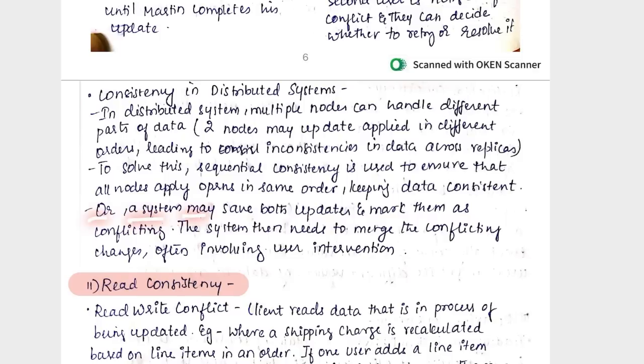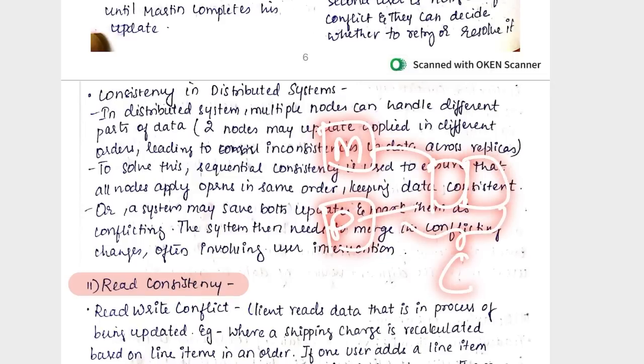Or a system may save both updates and mark them as conflicting. In this condition, Martin has given data, Pramod has given data, and the system will save both and mark it as conflicting.